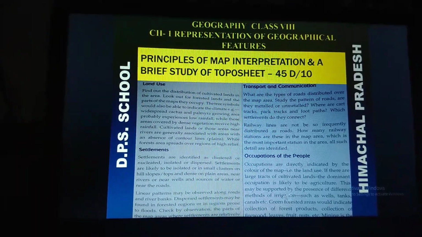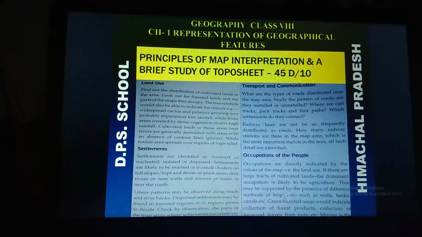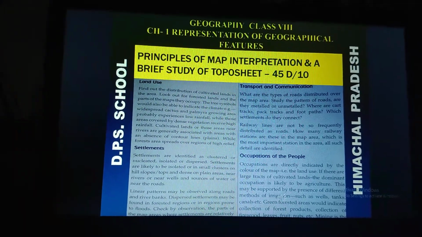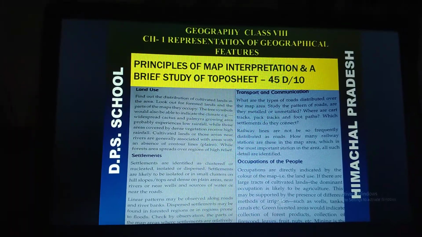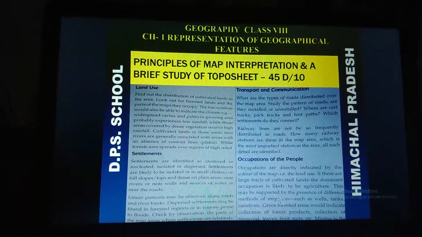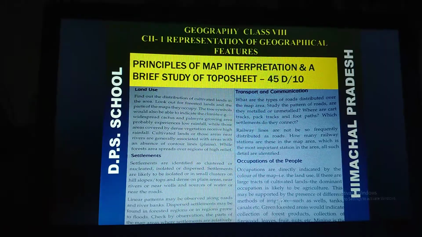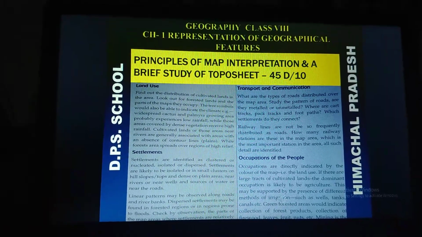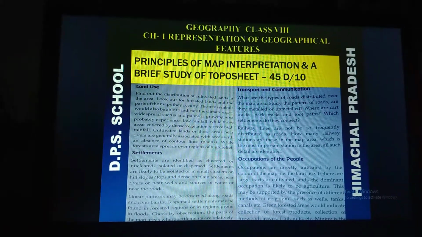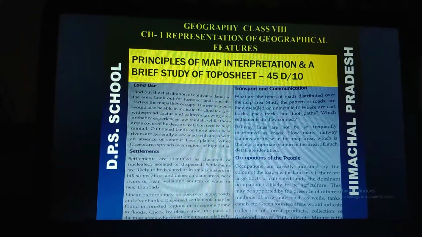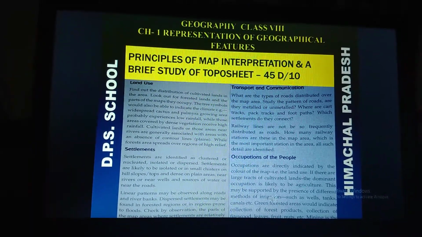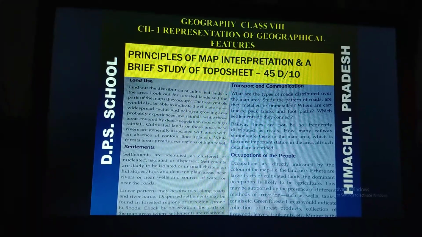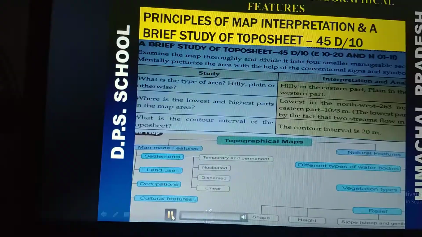Towns also may be the administrative centers, and they provide employment in administration and related services. So this is the last point, one of the principles of map interpretation, which is the occupations of the people. Please note these points, and then I will come to a brief study of the topo sheets.